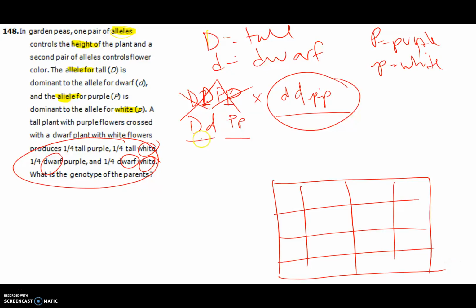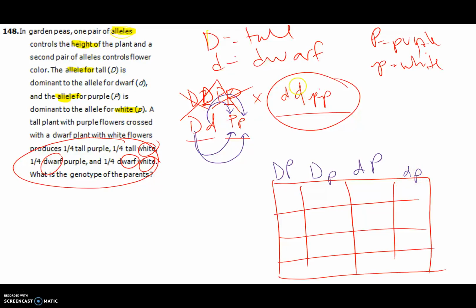And then to set up, I would do something like FOILing. So I'd take a capital D, it can end up with capital P, or it can end up with a recessive. So those are my two options for that one. And then for the recessive allele, it could end up with a dominant, or it could end up with a recessive.